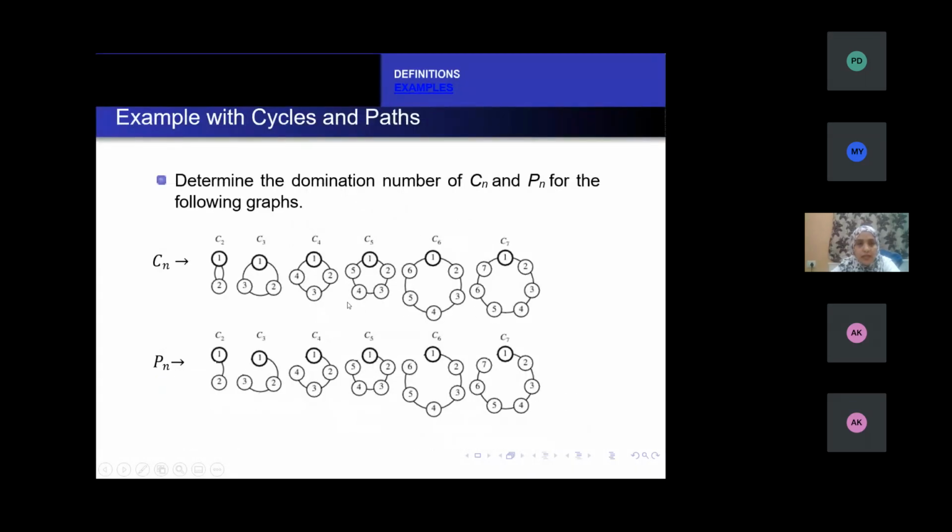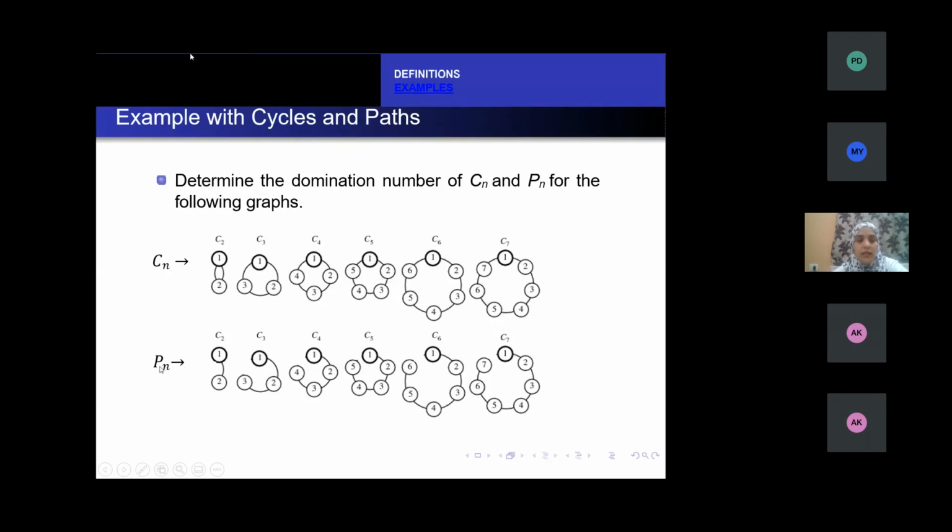Moving on to the next slide, here I have explained through standard graphs of cycles and paths. Examples using cycles and paths. Here we can see the cycle graphs: C2, C3, where all three vertices are connected to each other, C4, C5, C6, C7.